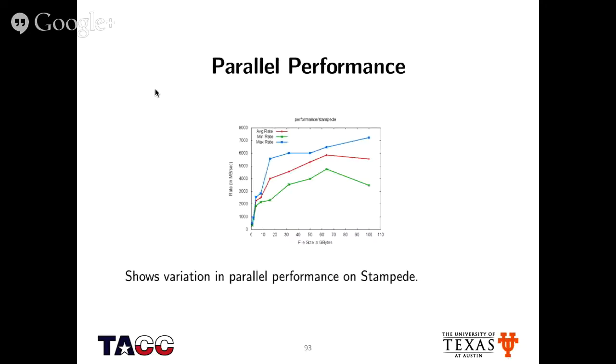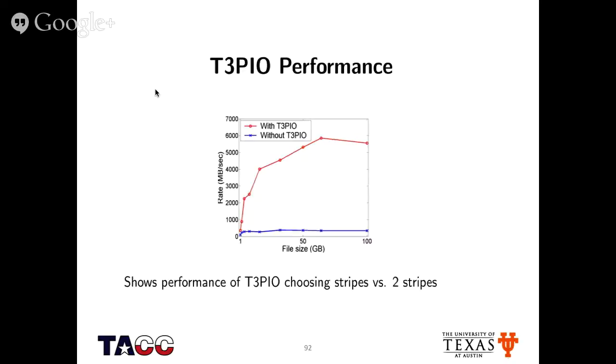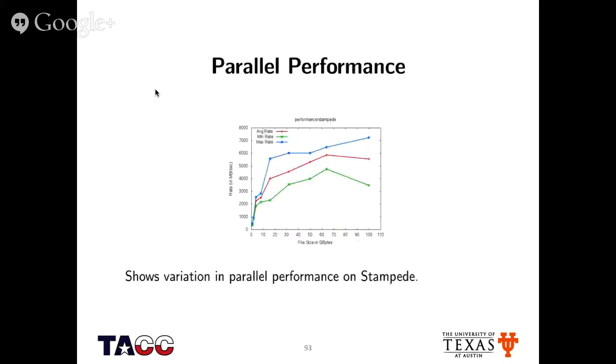But one of the things I wanted to point out is that it is a shared resource. These 2 figures are essentially the same; the red line in both cases is the same. It's just that the green line and the blue line represent different things. This was with 10 runs, and the green line is the worst run or worst value for that file size, and the blue line is the best performance.